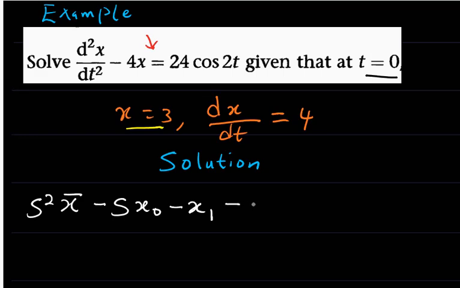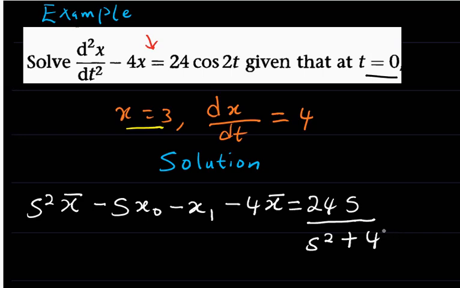Then minus 4x bar equal to the Laplace transform of 24 cos 2t. The Laplace transform of cos 2t is definitely going to be s over s² plus 2 squared, which of course is 4.